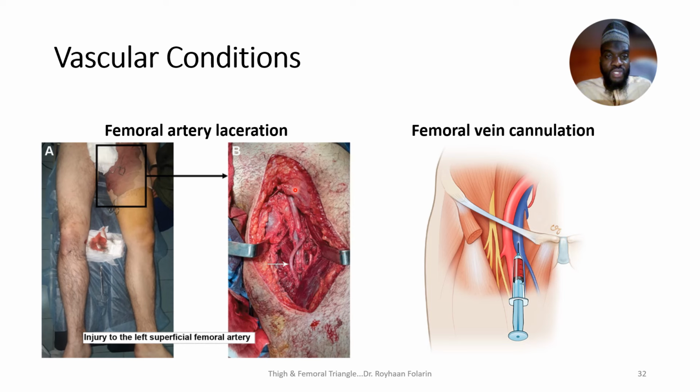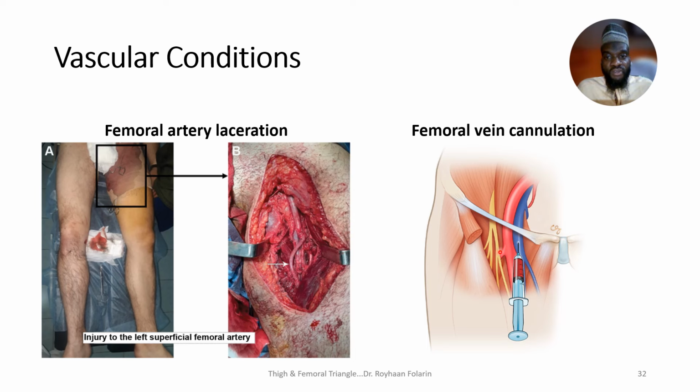So it usually requires prompt surgical intervention to control the bleeding, and this may include direct suturing of the artery or stenting, or in some cases amputation if the injury is very extensive. But in any case, early recognition and resuscitation is usually crucial in saving the life of such patients.